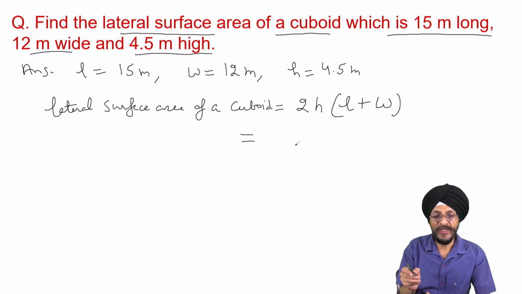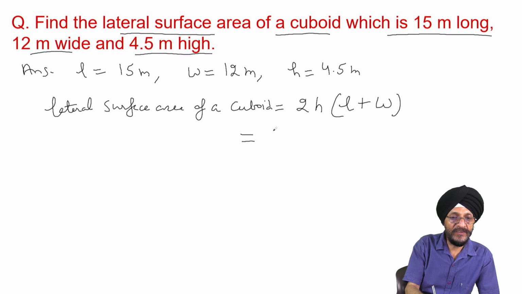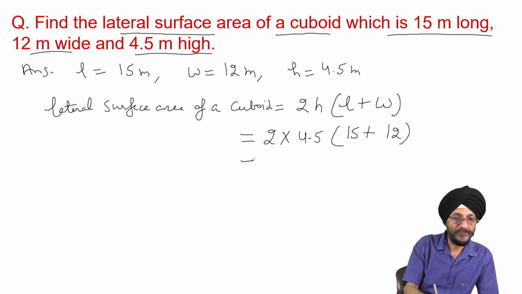We will put in the relevant values as given in the question. What is the value of H? It is 4.5. What is the value of length? It is 15. What is the value of width? It is 12.